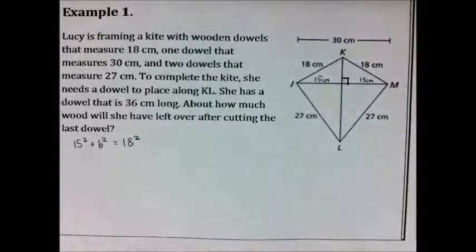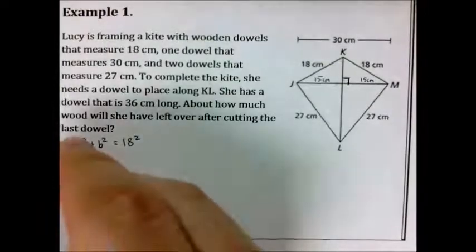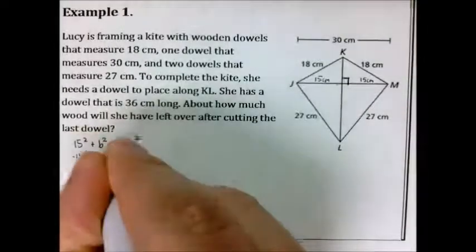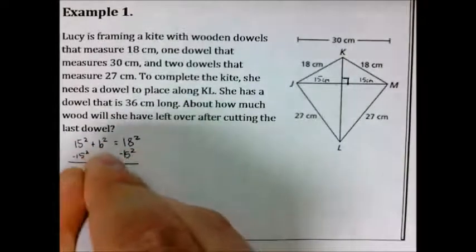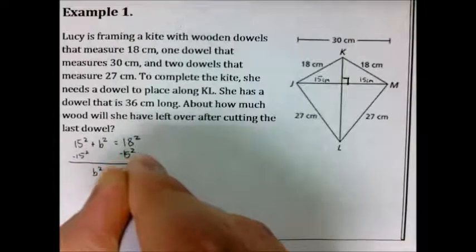Okay, so now we're just trying to solve this, and the first thing we can do is subtract 15 squared from both sides. We're going to get b squared is equal to 18 squared minus 15 squared.